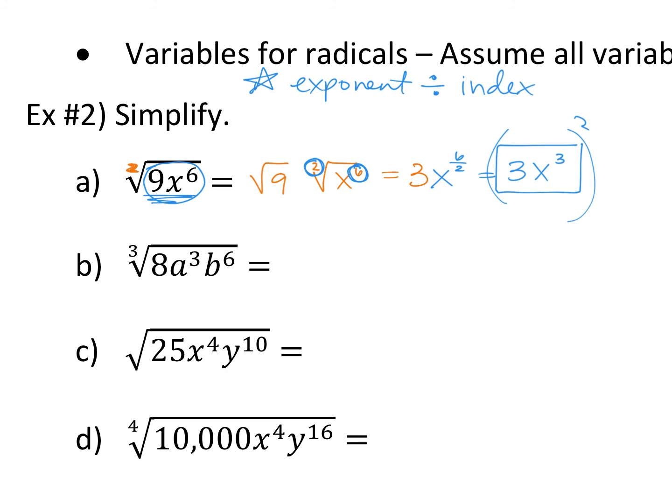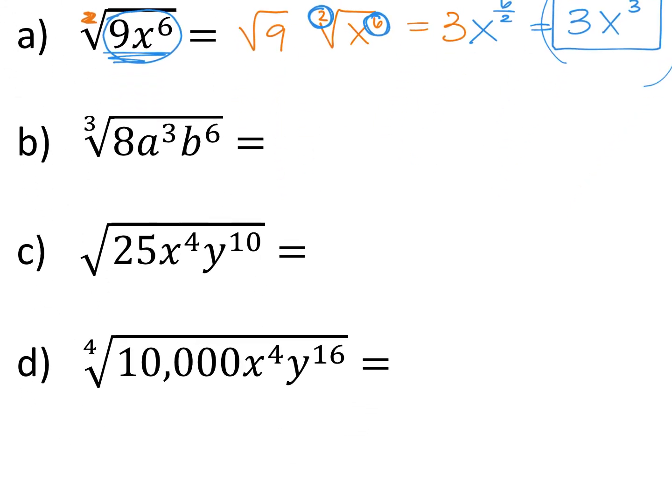Okay, look at letter B. Anyone know the cube root of 8? It's 2, right? 2 times 2 times 2 is 8. So the cube root of 8 is 2. What is the cube root of a to the 3rd? Just a to the 1st, right? 3 divided by 3 would be 1. So this is just a to the 1st power.